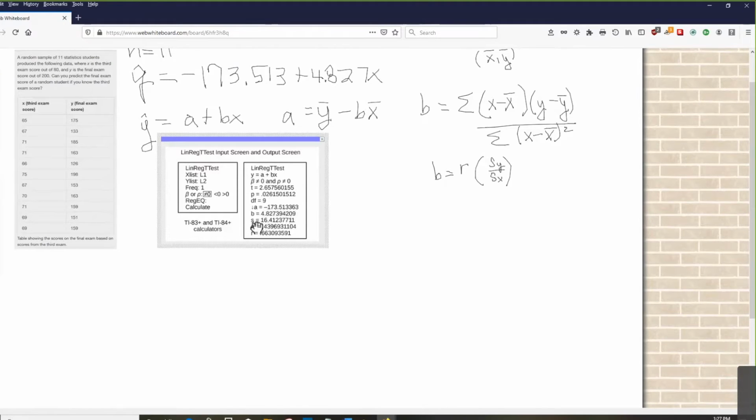This one is also going to give you S, which is your standard deviation, and it's going to give you your R, which is your correlation coefficient. And you can calculate these numbers in other ways, but I wanted you also to be able to see what it looks like on the calculator.